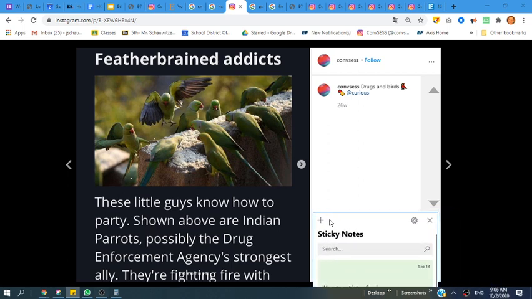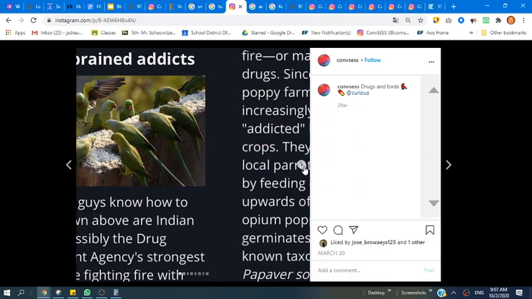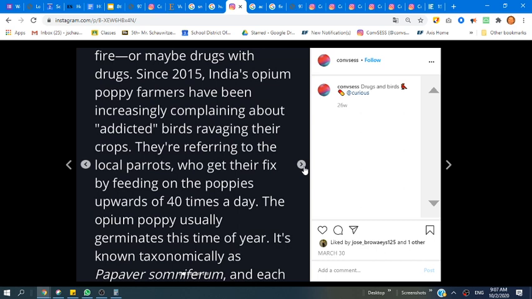So it says, the feather-brained addicts. These little guys know how to party. Shown above are Indian parrots, possibly the enforcement agency's strongest ally. They're fighting fire with fire, or maybe drugs with drugs.